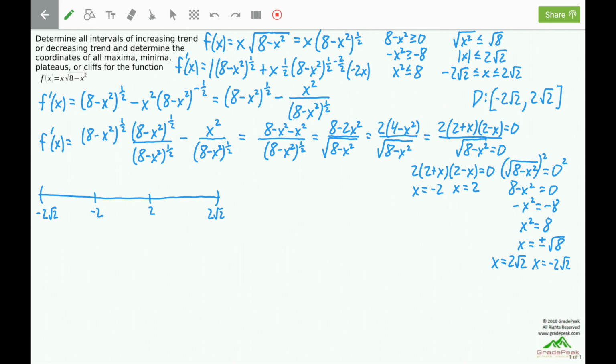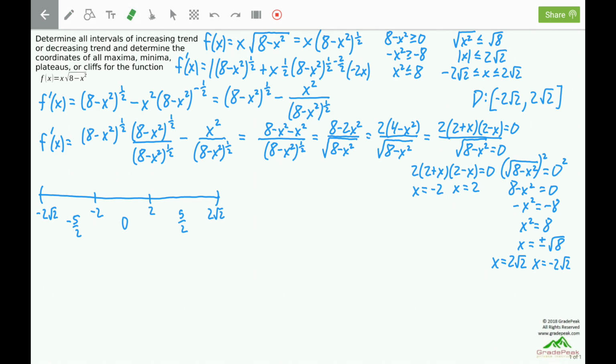So between negative 2.8 and negative 2, the first interval, we can pick negative 2.5 or negative 5 halves as the test value. Between negative 2 and positive 2, we can pick 0 as the test value. And then between positive 2 and positive 2 square root of 2, we can pick 5 halves.